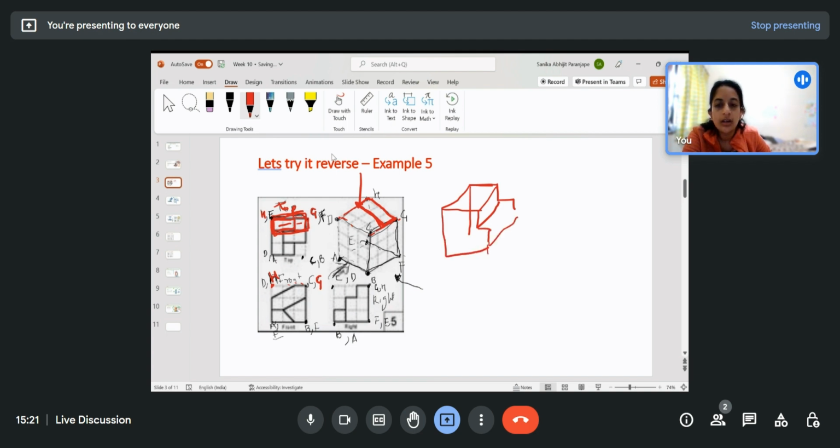Or maybe I have a step here and a step up for one cube, and this could be extending here like this, something like this.